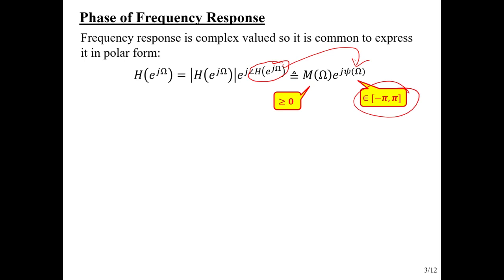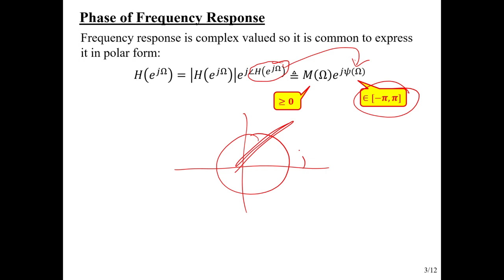Well, remember, angles in a polar form are ambiguous by additions of multiples of 2 pi, right? If I'm sitting here at this angle, I can say it's this angle, like pi over 4-ish, but I could also add 2 pi to it, and I'm right back to where I was.